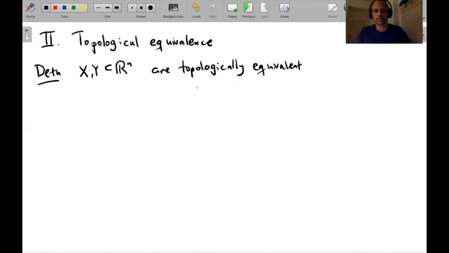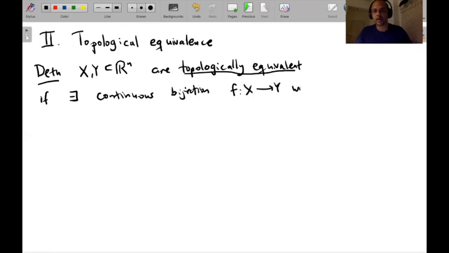if there exists a continuous bijection from X to Y with continuous inverse.